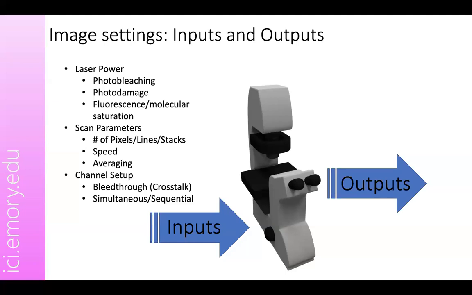Apart from that, the channel setups, how many fluorophores you have, any kind of bleed through going on. If you can image things simultaneously, your sample will get less exposure to the laser. But if you need to do sequential imaging, there is going to be a greater exposure to the laser, and hence the chances of photobleaching increase.